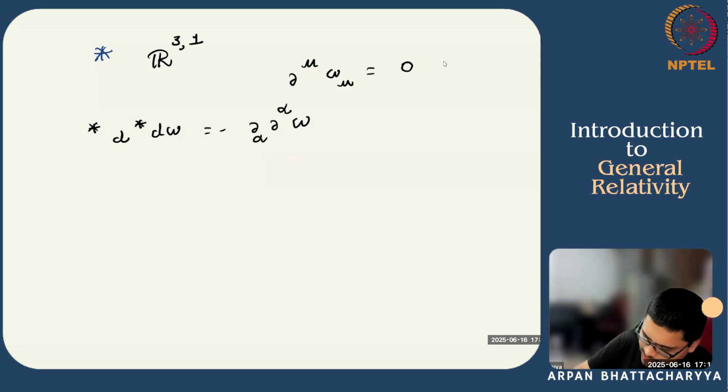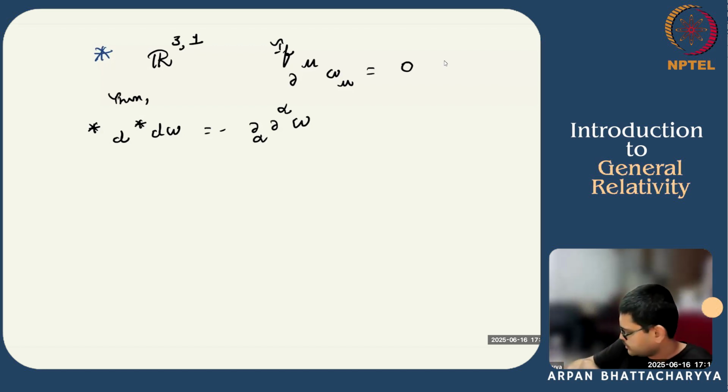And if this condition holds, then you can show this. It's just algebra. You should take d of these and then take star, d and then star that. But based on what we are discussing in the lecture and in the beginning of this tutorial, you should be able to do that.